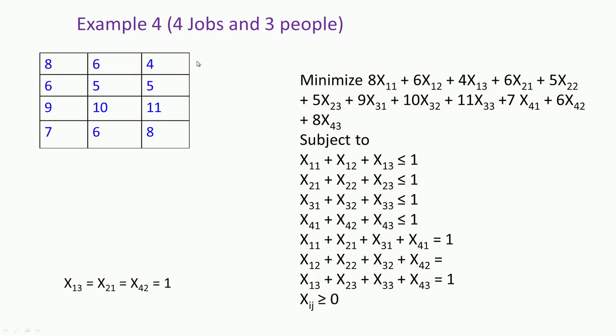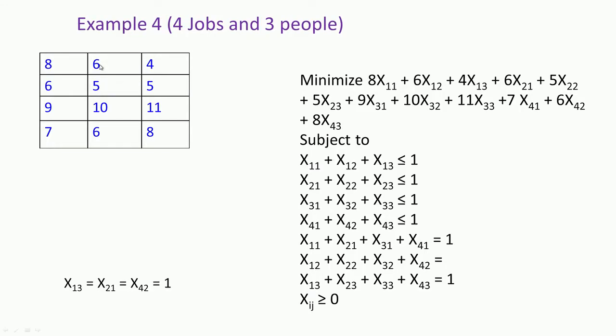Now each job will go, there are only 3 people, so one of the jobs is not going to be allocated. So we will say that each job will go to a maximum of one person, because one job will not go to anybody. So x11 plus x12 plus x13 is less than or equal to 1, x21 plus x22 plus x23 is less than or equal to 1, and so on.